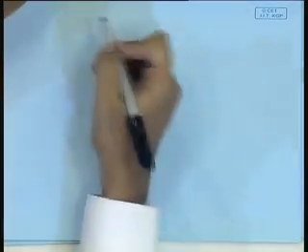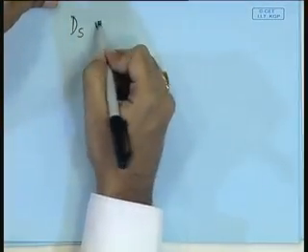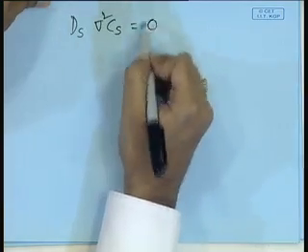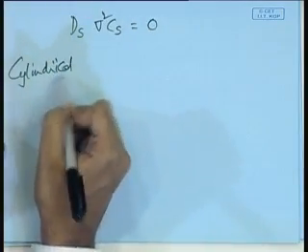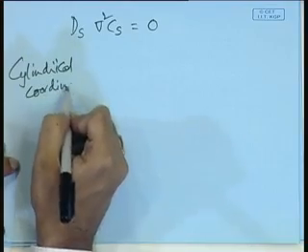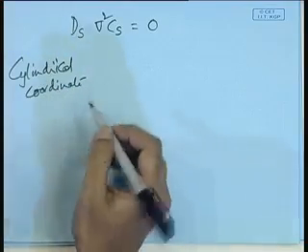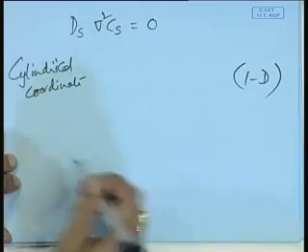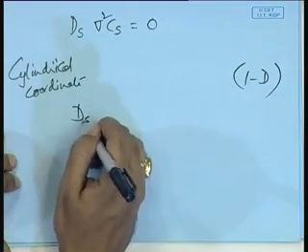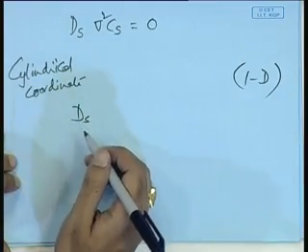Now let us write it in the cylindrical coordinate. So 1D would be only in radial. Do you remember the Laplacian?